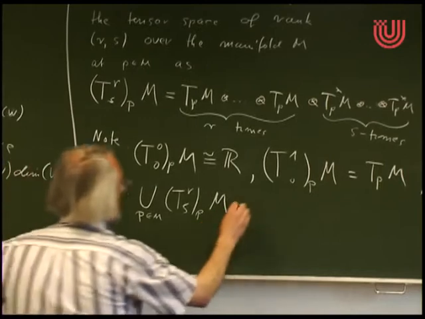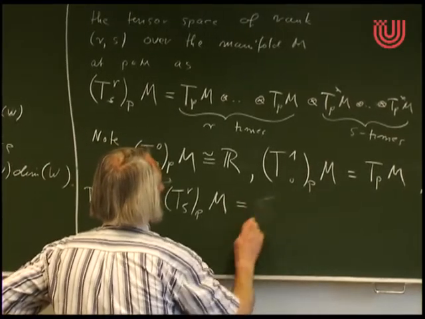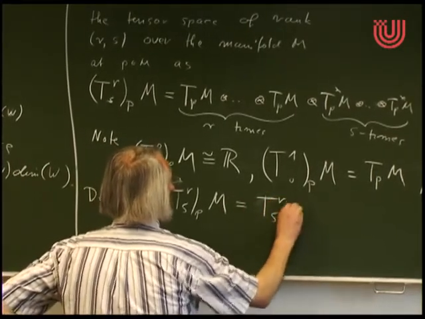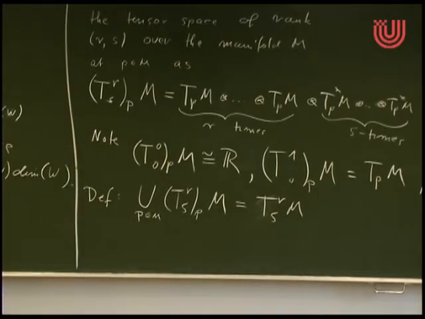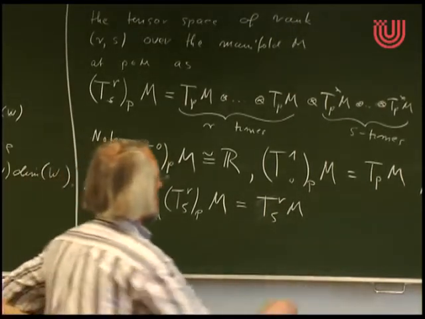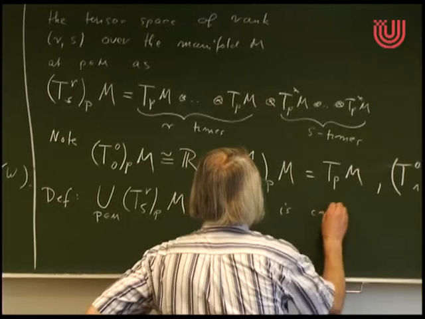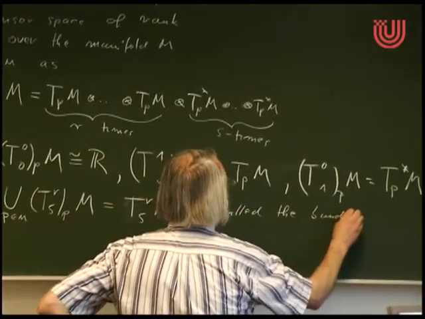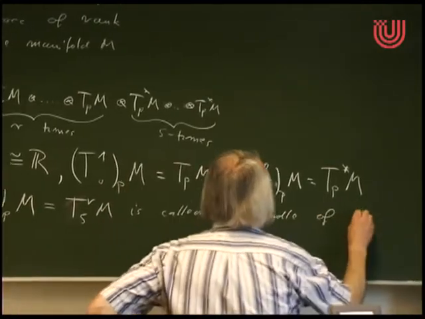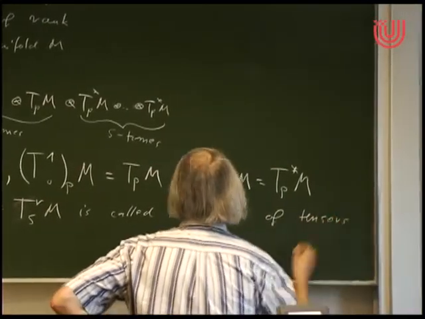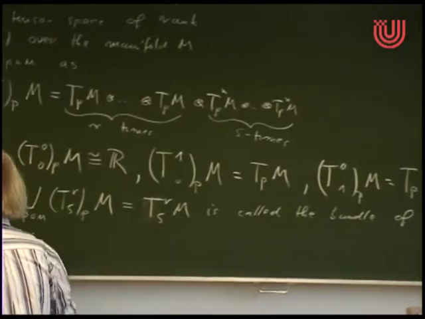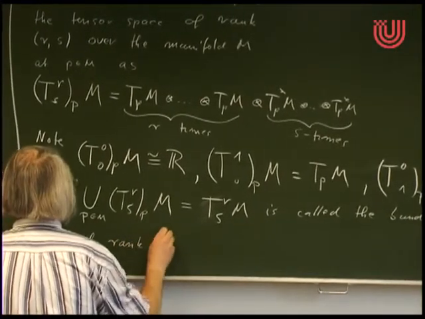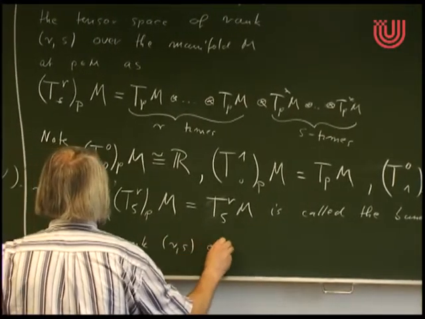And guess what? We denote this by T^r_sM, without the foot point p. And this is called the bundle of tensors of rank (r, s) over M.